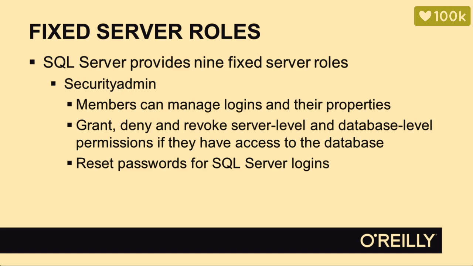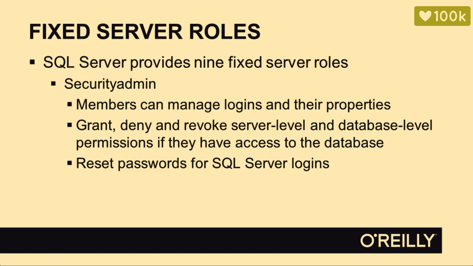The security admin role. Members of this role can manage logins and the properties of those logins. Now, they can also grant, deny, and revoke server level and database level permissions if they have access to that particular database. So here again, this is one of those situations where you can inadvertently start granting more administrative permissions than you originally intended.